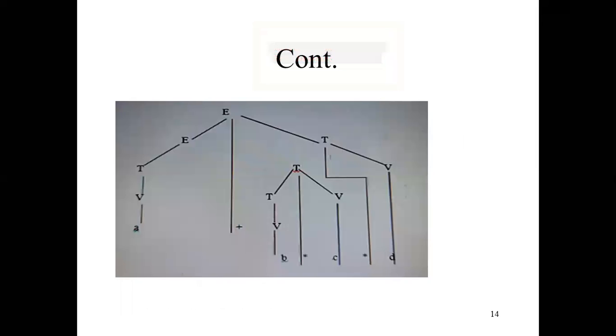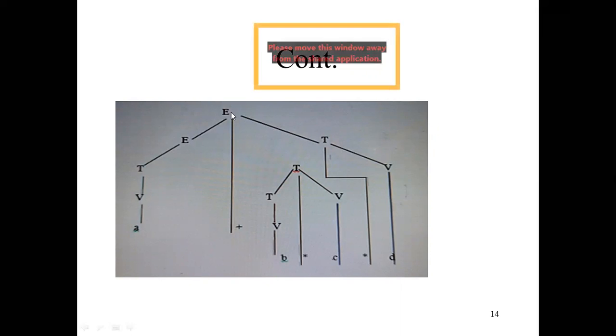Now you can see the tree. Here we have the option E. As per the given options, we can draw the tree. E, what is this?